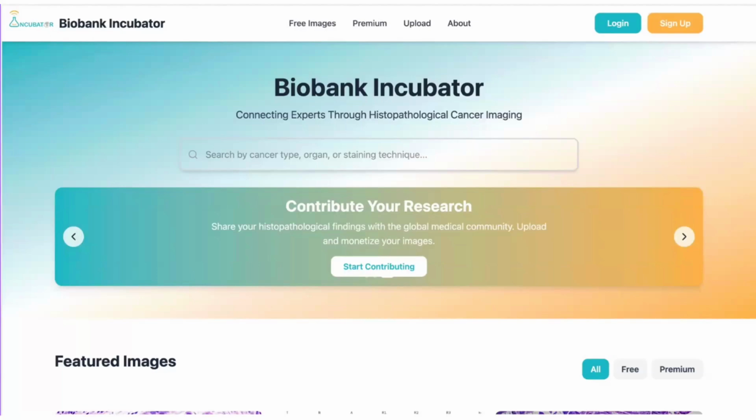And in this platform, anyone in the community can upload and share images and gain visibility, and we can support governance decisions.